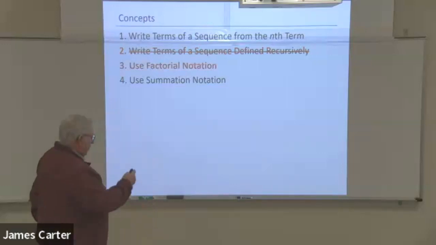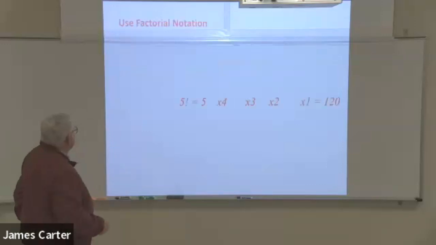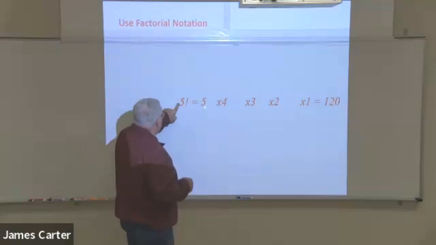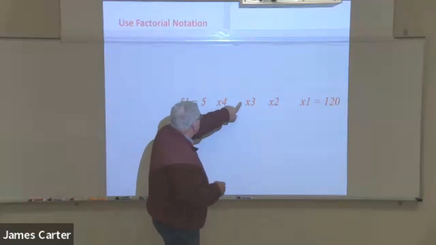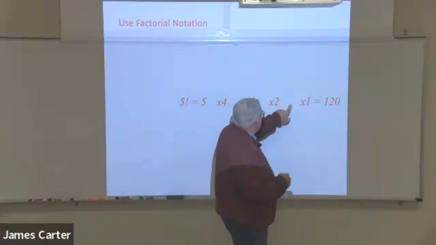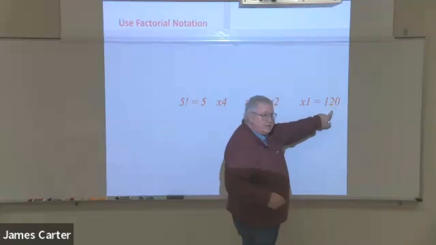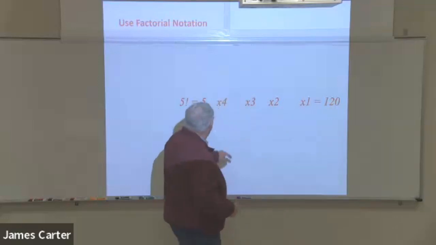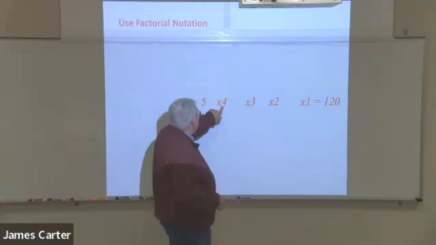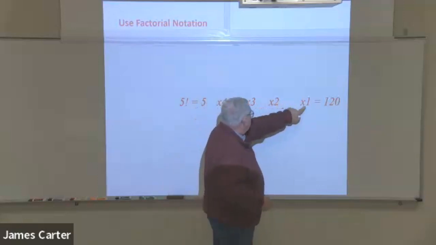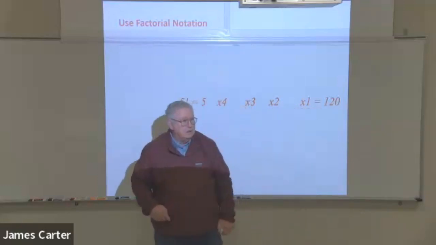Okay. Well, factorial notation is a number built on itself. For example, 5 factorial means the biggest number times the next one down, times the next one down, times the next one down, times when you finally get to 1, and all of these equal 120. 5 times 4 is 20, times 3 is 60, times 2 is 120, times 1 is still 120.